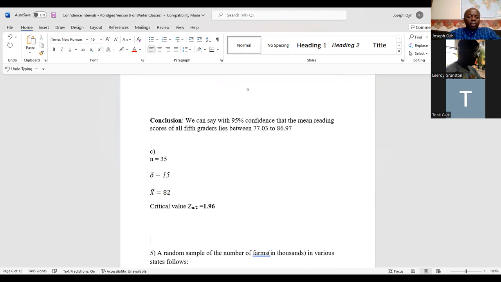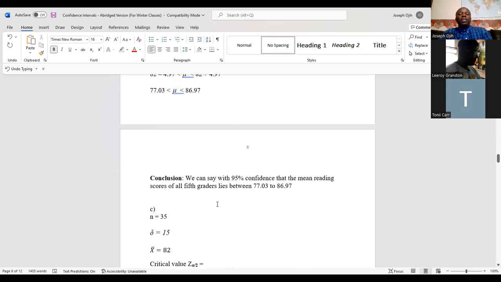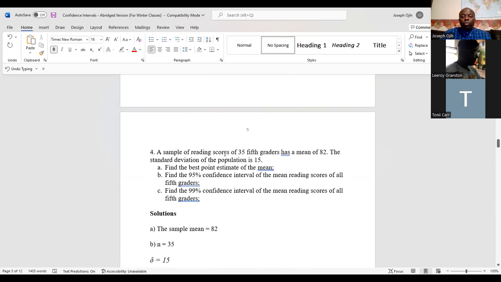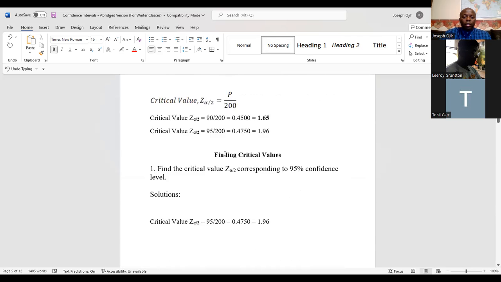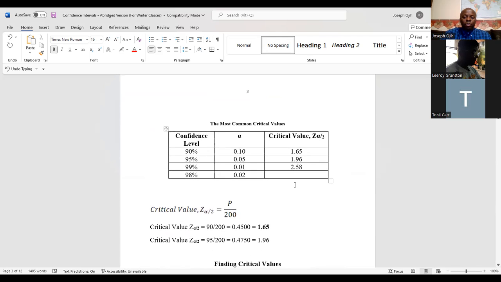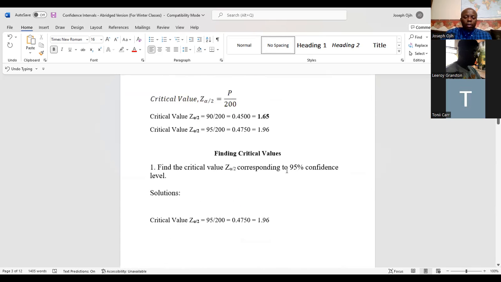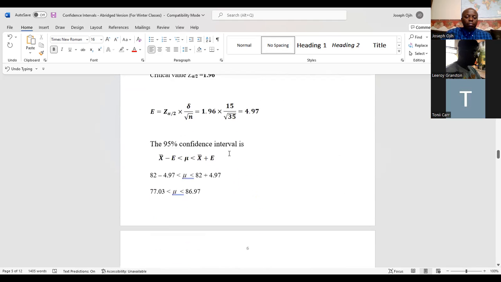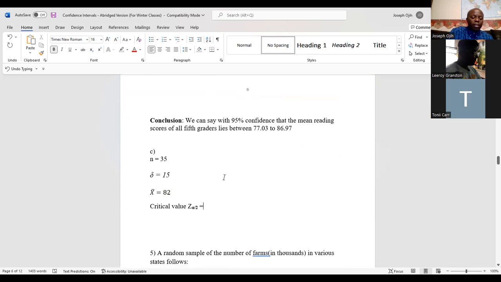What we've done different is the critical value. Now we're finding the 99% confidence interval, so I will use the critical value for 99%, which, according to our calculation at the beginning of the other session, is 2.58. So we're going to put 2.58 here.